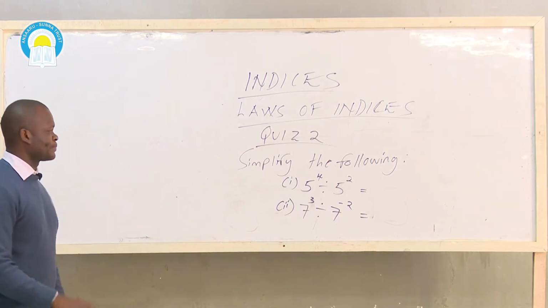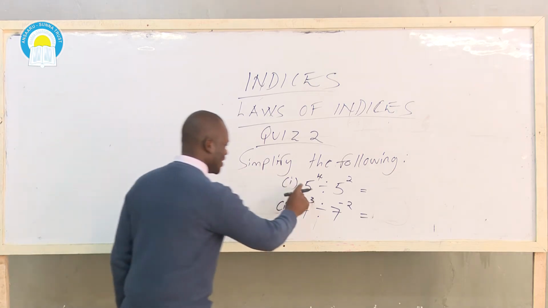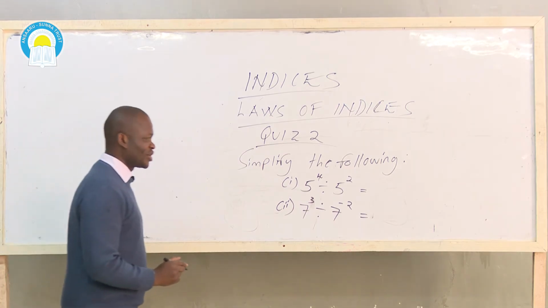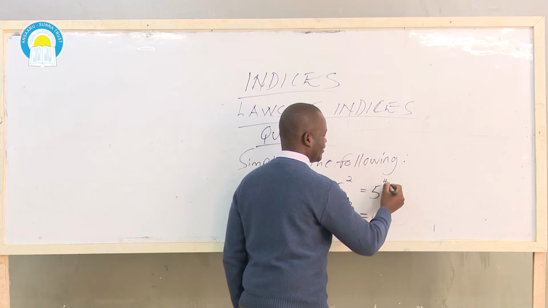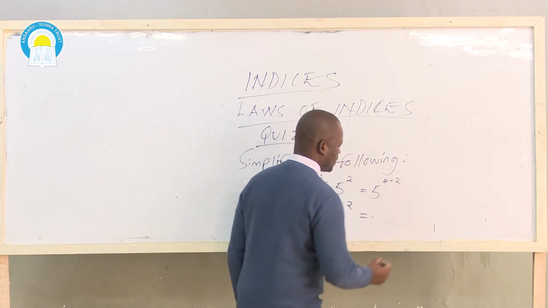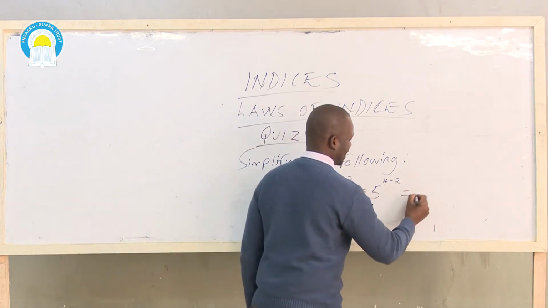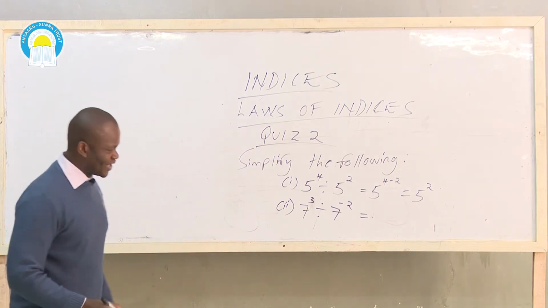So what will be the final results? We are saying the bases are the same, the operation is division. So what do we do? We subtract the powers. So we have 5 power 4 minus 2. The end result, we get 5 power 2 or 5 squared.